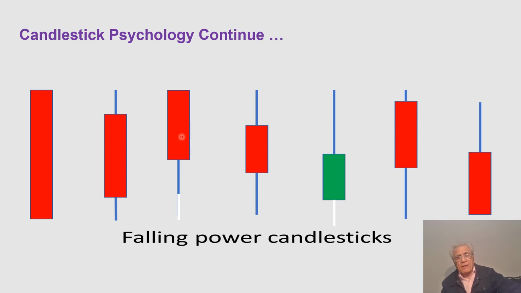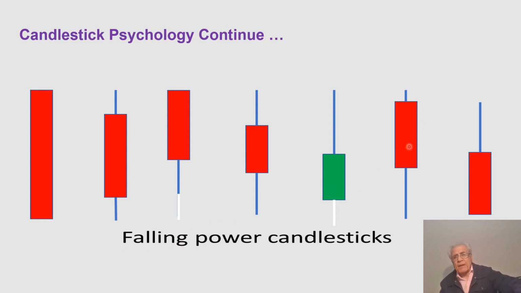This one is a bearish candle, and it has a relatively smaller lower shadow compared to the body, so that again signifies a falling power. This one is a falling power since the upper and lower shadows are almost the same. This is again, although it's a bullish candle, a pin bar, but the body is below the midsection, considered a bearish pin bar, so it is considered a falling power.